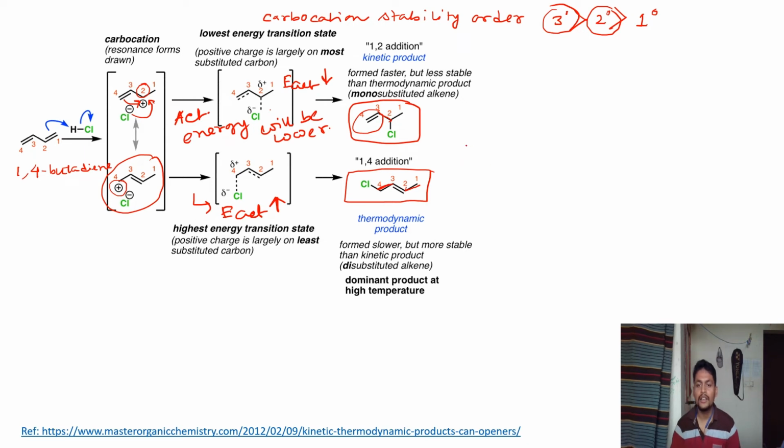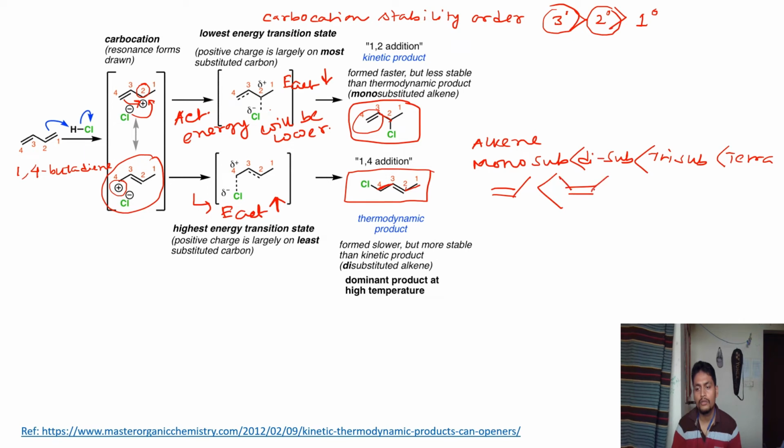Now we know in case of alkene stability, monosubstituted, disubstituted, trisubstituted, tetrasubstituted, increases due to hyperconjugation and all. So obviously, this disubstituted alkene is going to be more stable. So this product is much more stable.